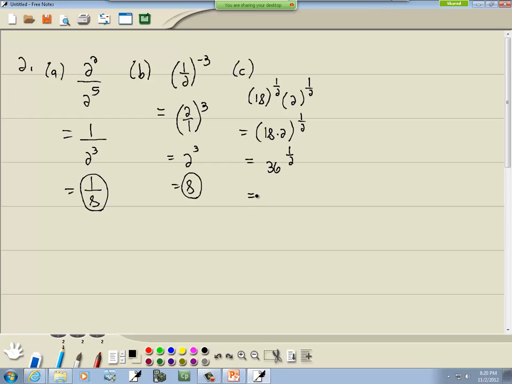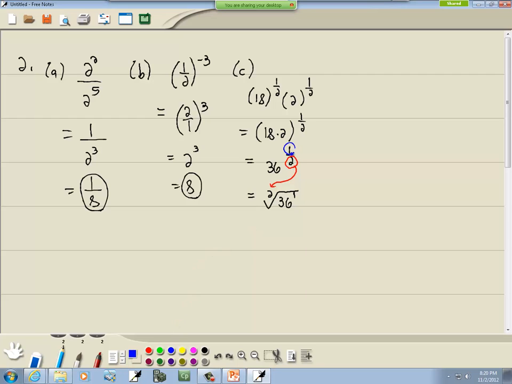Now this one is probably easiest for us to put it back into radical form. So we're going to have 36 to the first power inside the radical, and then we'll have 2 as our index. Whatever number is in your denominator here, that's what goes in your index, this little slot in the front.